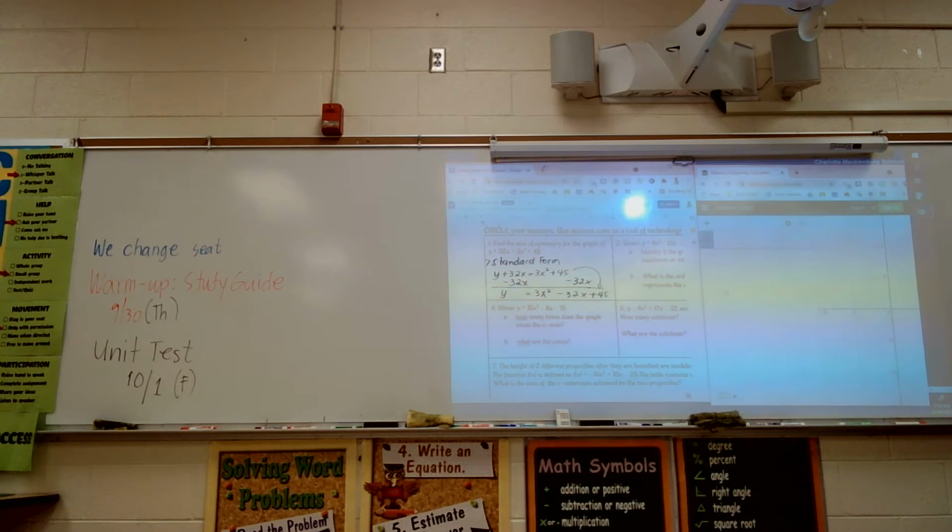I'm going to do it here as well. 3x squared minus 32x plus 45. There you go. Now, go and find the vertex.